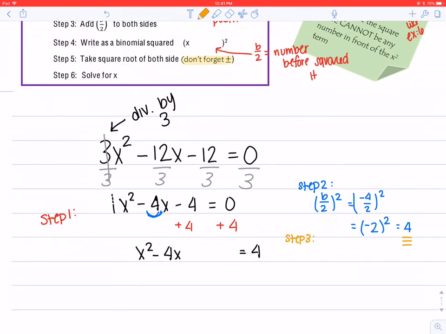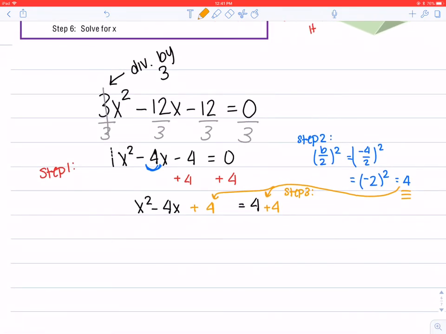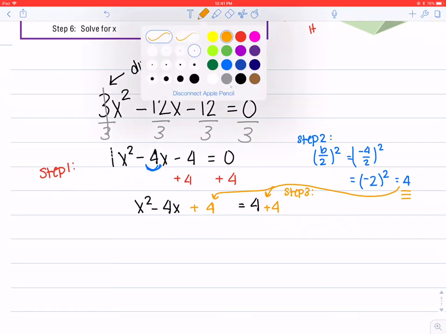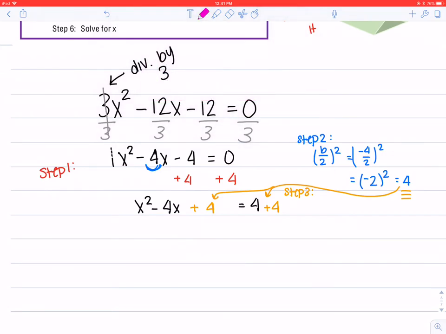So step 3, take that number and add it to both sides. That number will always be positive. Now, step 4 says write it as a binomial squared.